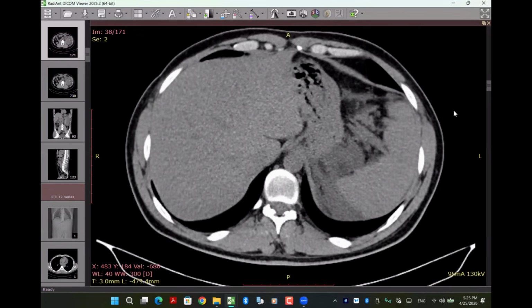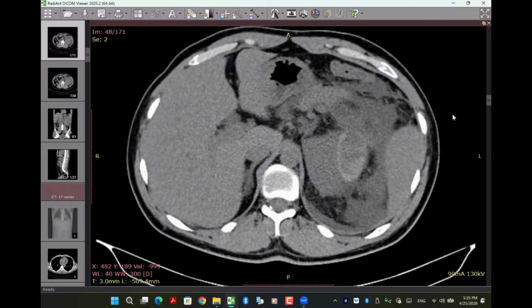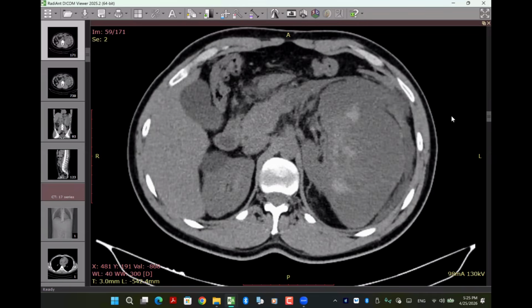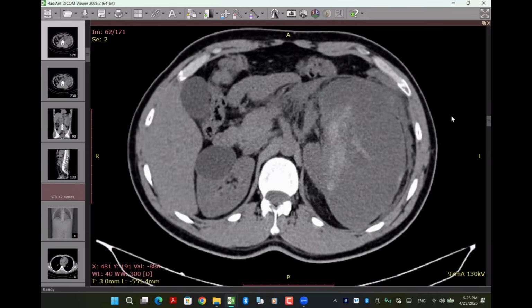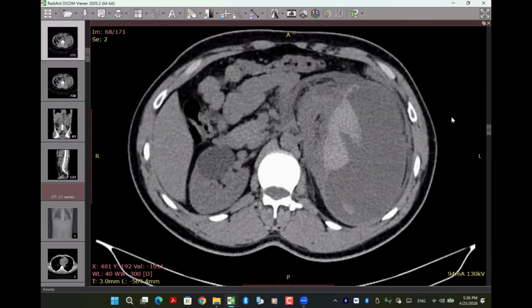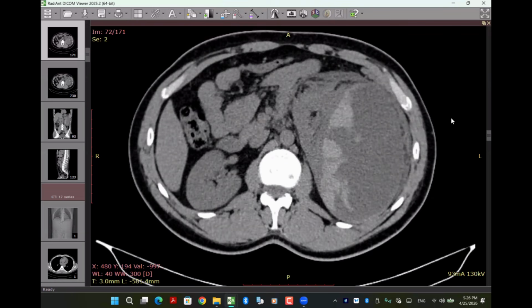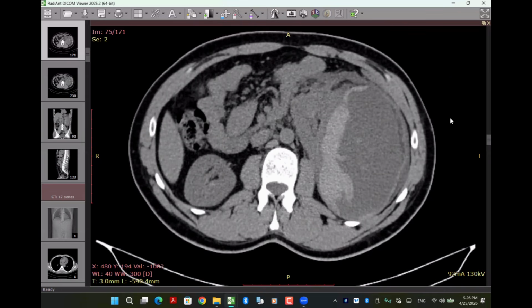Here I can see there is a large collection noted around the left kidney, and there are also high density areas seen in it. Please state it anatomically, like Dr. Muhammad already taught us.